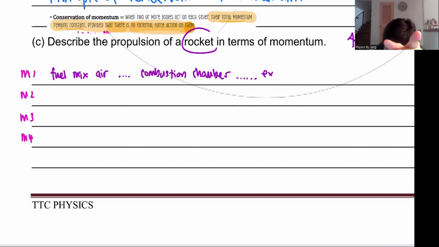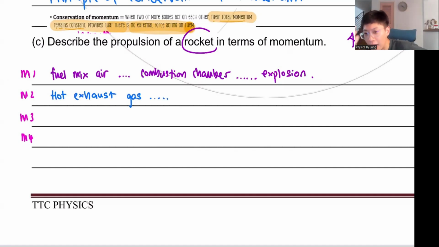The word explosion is very important. People tend to miss out the word explosion. Then after that, you can put your hot exhaust gases at M1, or you put your hot exhaust gas at the bottom part, it's okay. So you have the hot exhaust gases produced. What is so special about your hot exhaust gas?